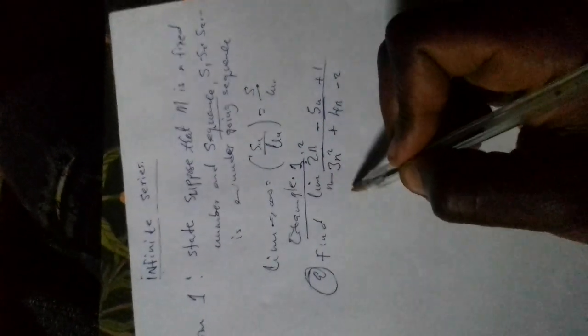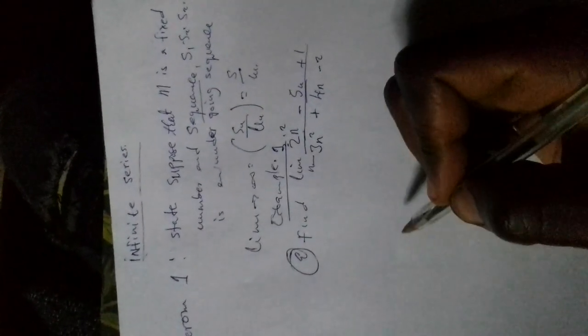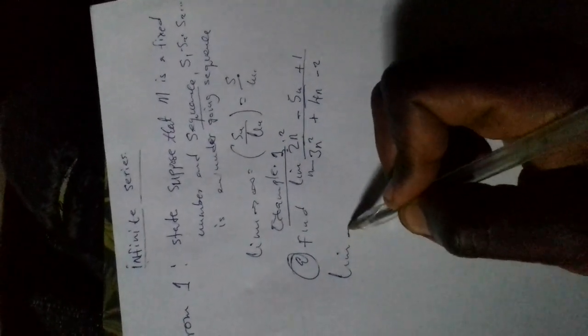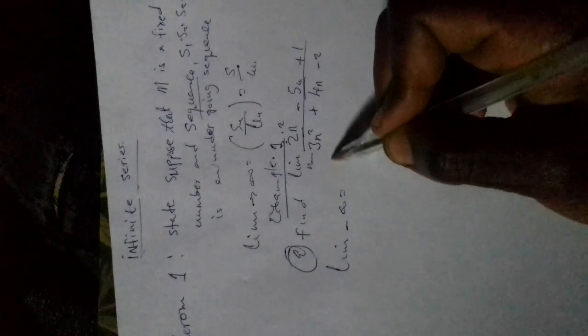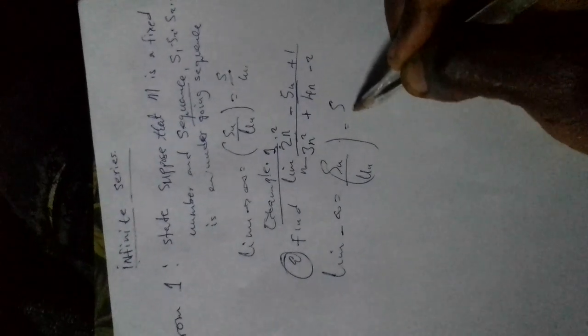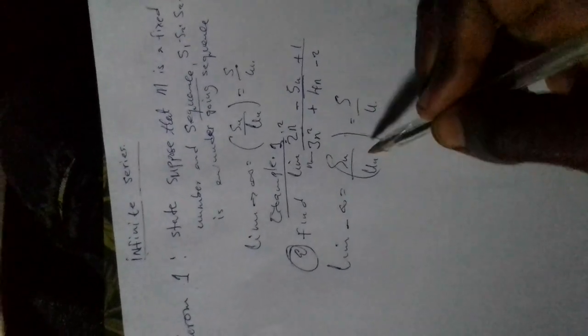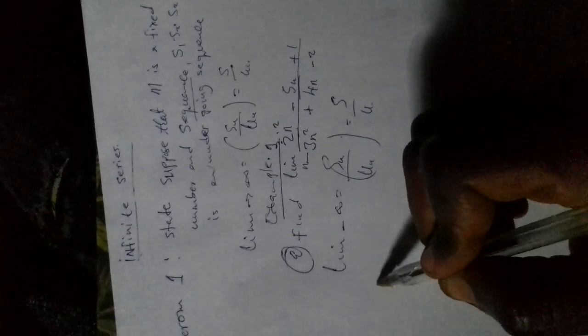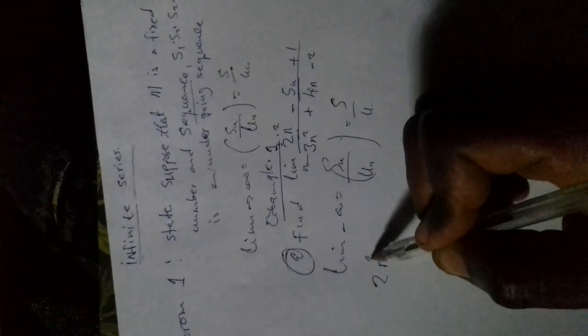Okay, so now the solution. On solving this one, apply the formula: the limit as n approaches infinity of a_n over u_n. You begin now to solve. You write the original equation, which is this one.